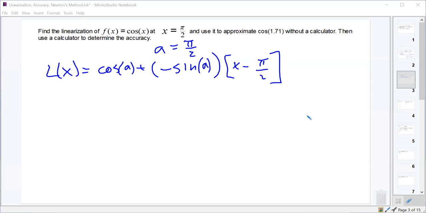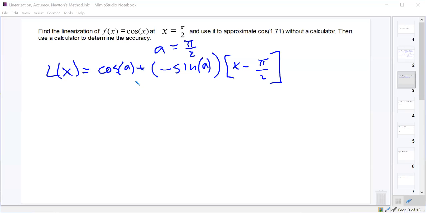Yes, x is 1.71, that's the x value we're going to use, and the a's are pi over 2. So I put in the a here, and these are supposed to be a's. Like I said, I have a bad habit of writing x's there because it's just what you normally write after a trig function. You end up writing cosine x.